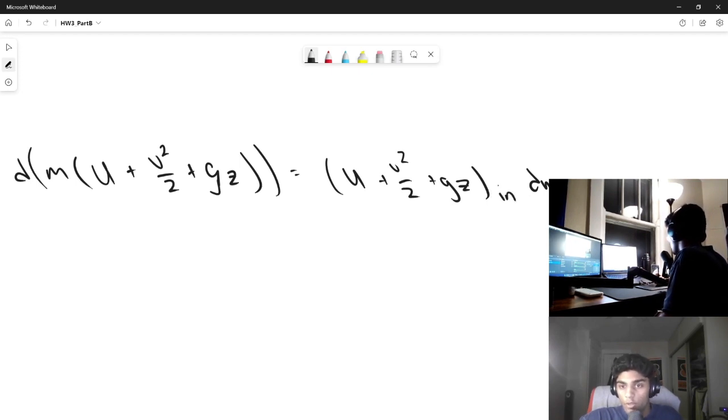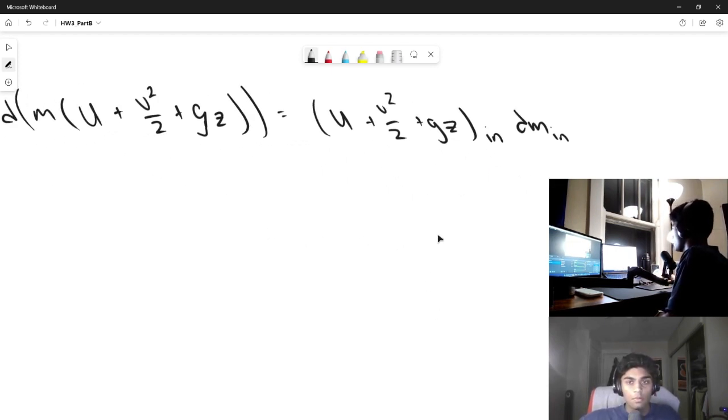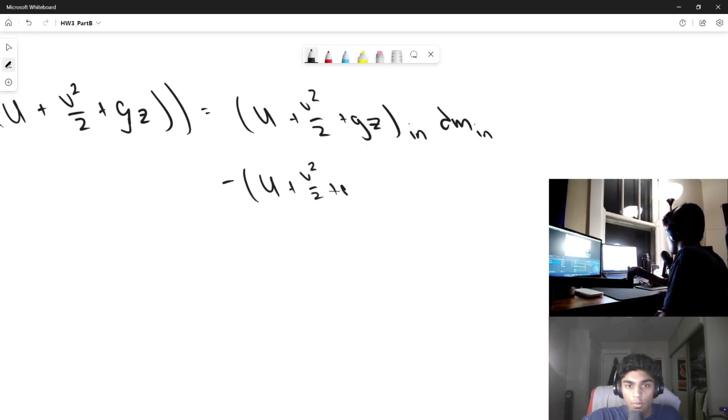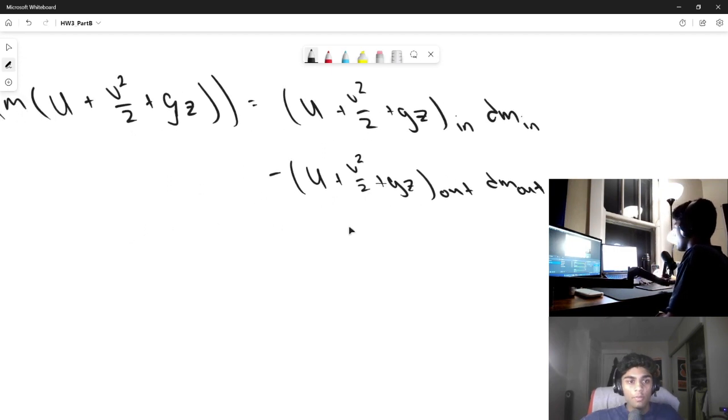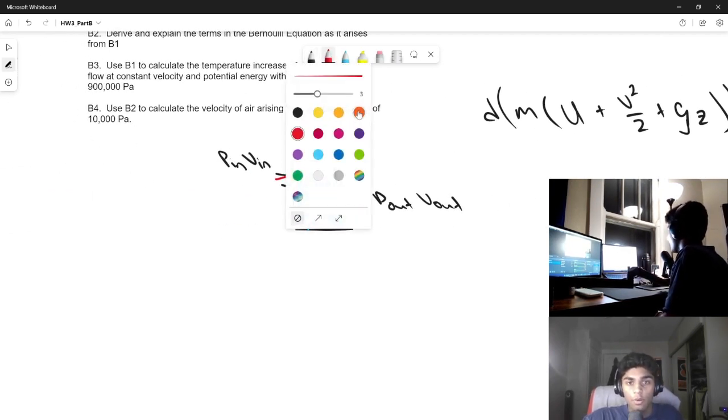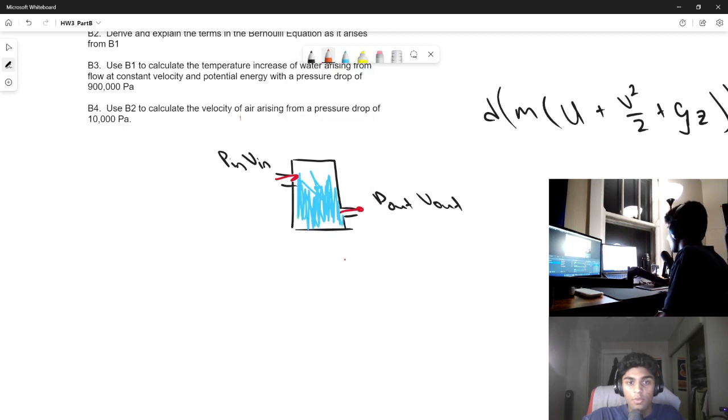In, differential amount of mass in, and then we would subtract the same components from the out source, differential amount of mass out. And if we look back at our system here, we could do a couple things to it. We could go ahead and add a heat source.